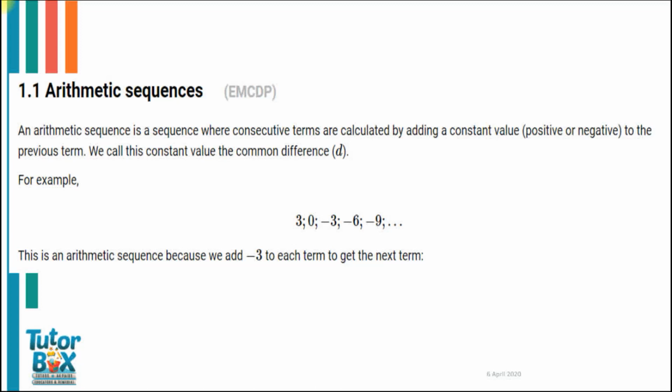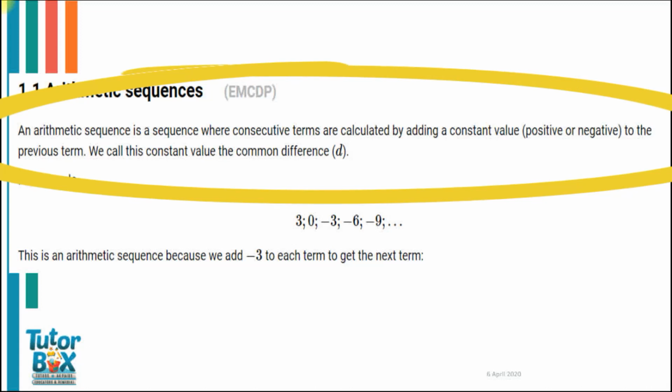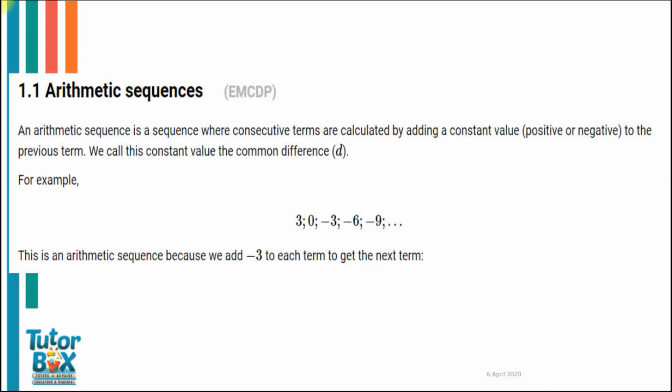So what are these, guys? An arithmetic sequence is a sequence where consecutive terms are calculated by adding a constant. Please note, guys, you're adding a constant value, so it can be positive or negative, to the previous term. We call this constant value the common difference.